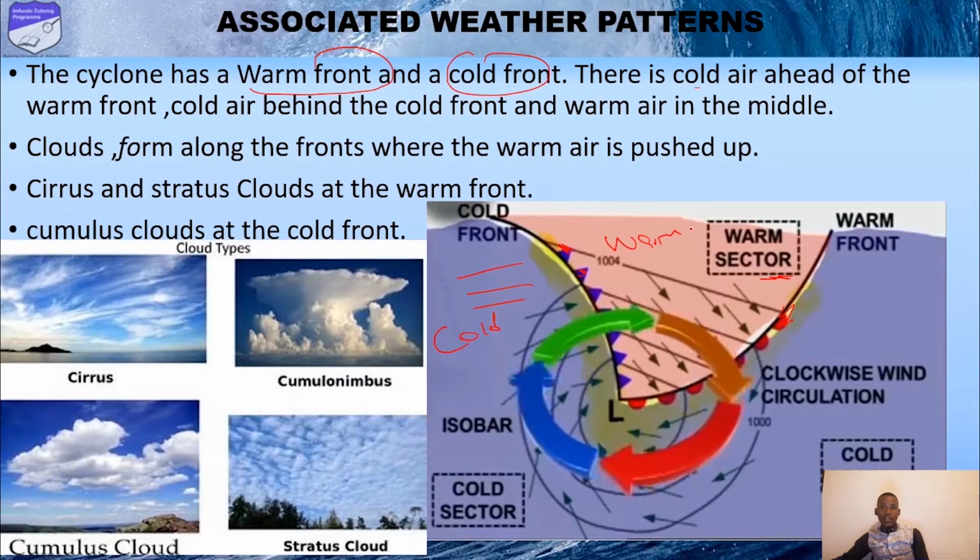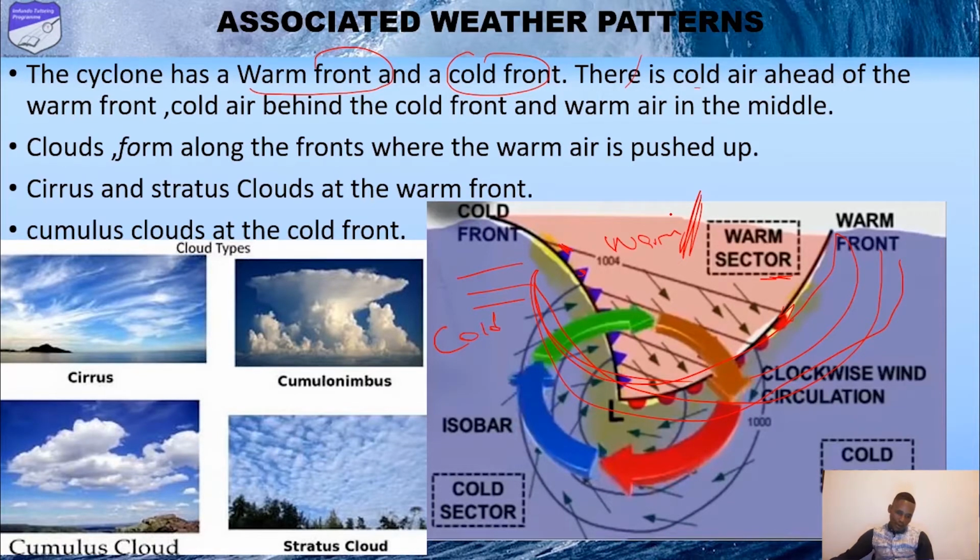But the other thing you should know is that around the warm front it consists of only cold air. So we only find the warm air in the middle of our mid latitude cyclone.